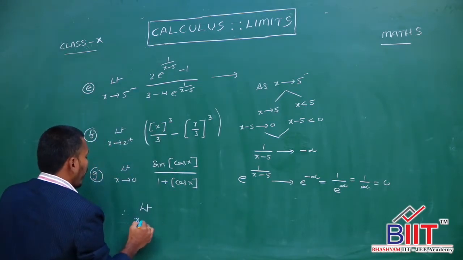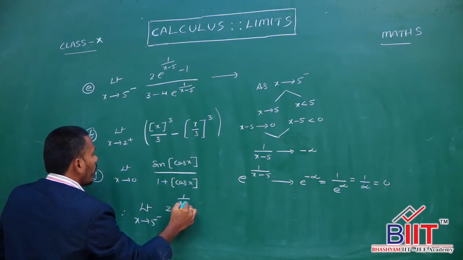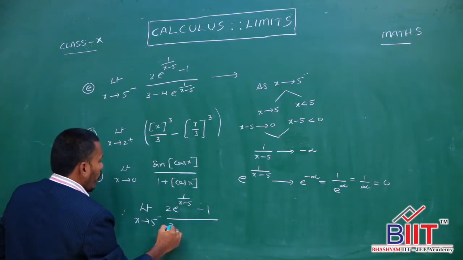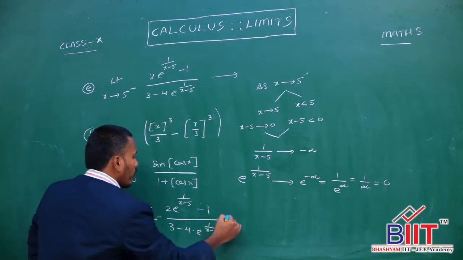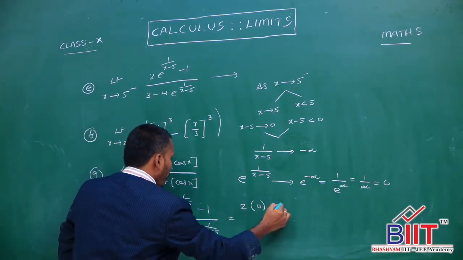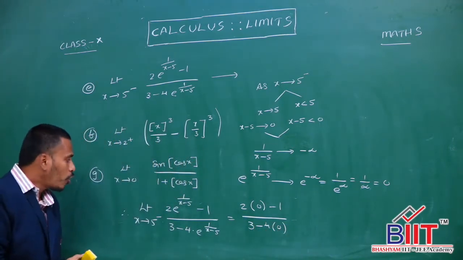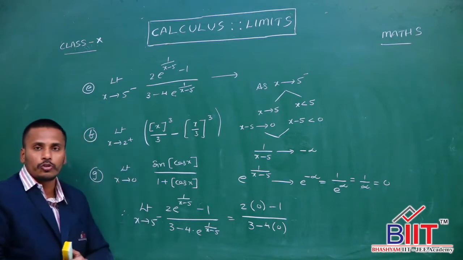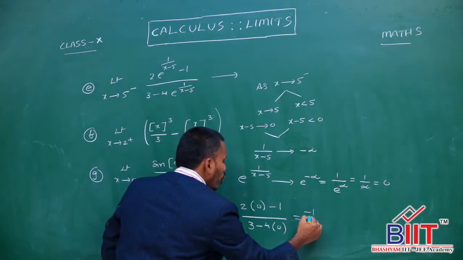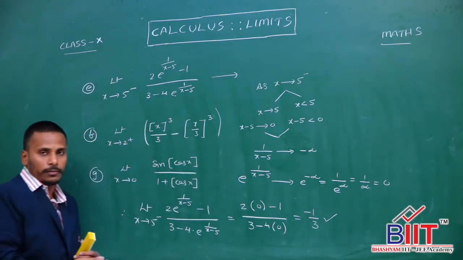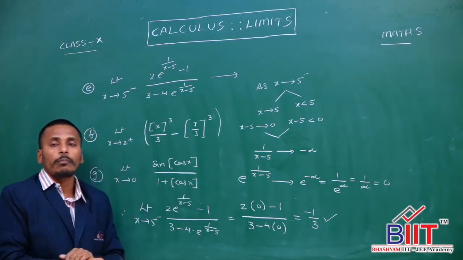Therefore, limit x tends to 5 minus of 2 e power 1 by x minus 5 minus 1, divided by 3 minus 4 into e power 1 by x minus 5, is equal to 2 into 0 minus 1 divided by 3 minus 4 into 0, because this particular thing is almost approaching 0. On simplification, this is 0 minus 1 and that is 3 minus 0, so your answer is minus 1 by 3. So, the left hand limit for this particular function is minus 1 by 3.